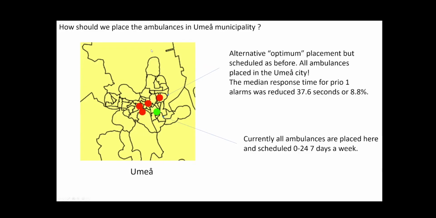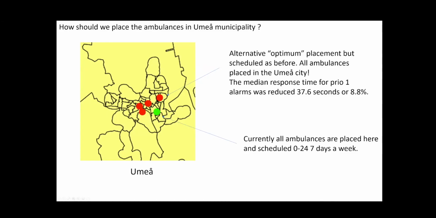Still all the ambulances will actually be placed fairly central in Umeå. But if we do that, it will reduce the response time by a little more than half a minute, or 8.8%. This is actually quite a lot.